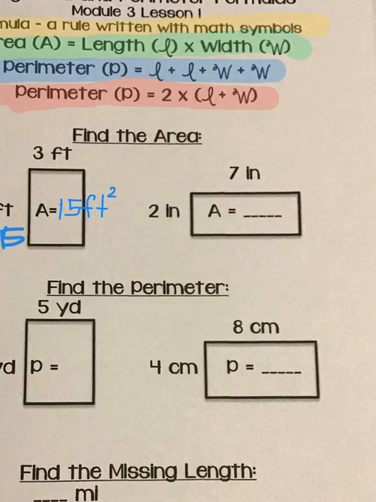Not that it matters. It could go either way, right? But 7 times 2, because I did length times width, is going to equal 14. So on my area, I'm going to write 14. My unit here is inches squared. Okay, because I'm doing area.